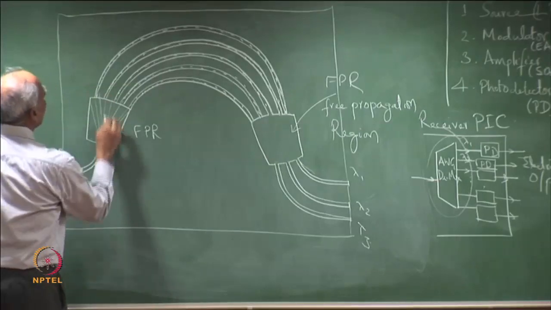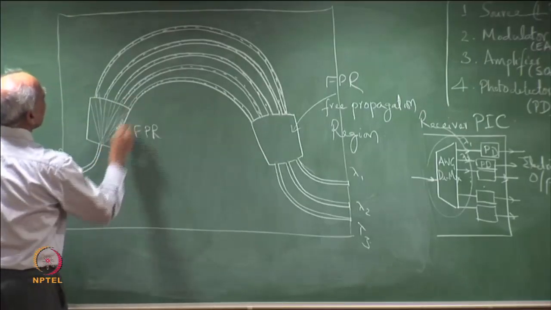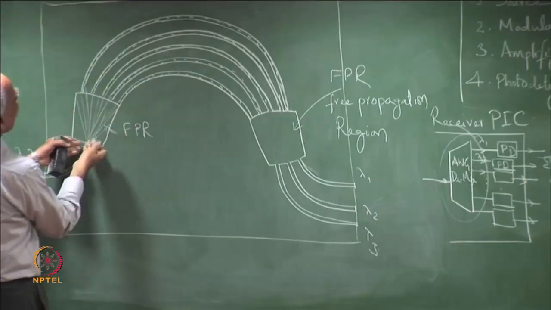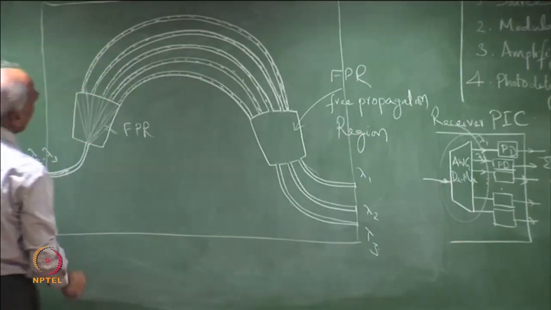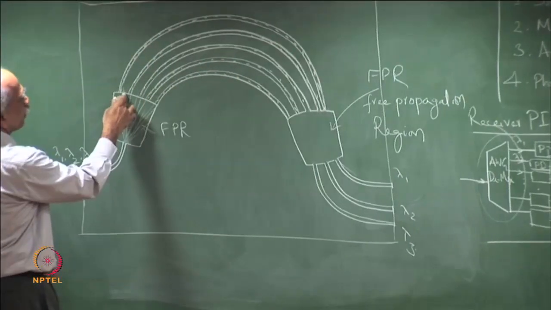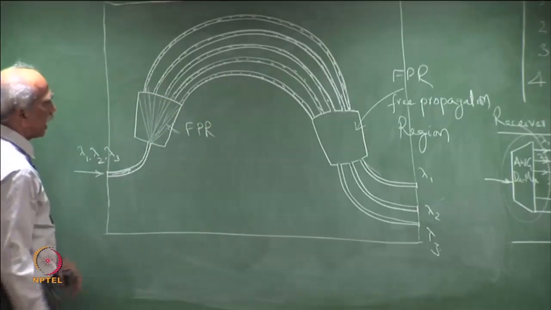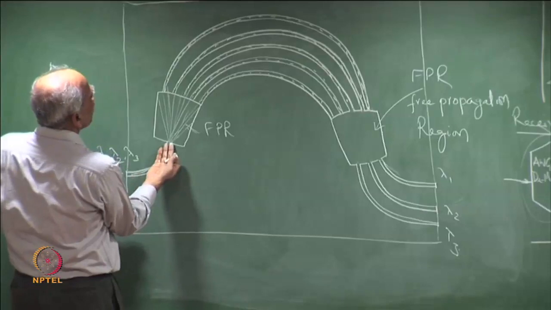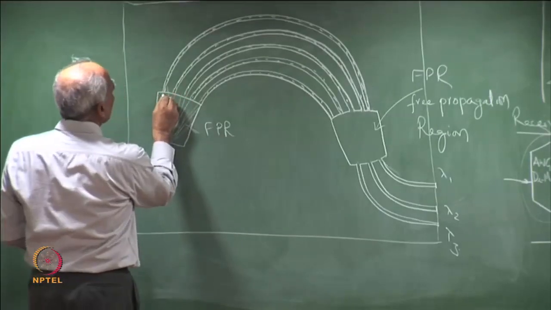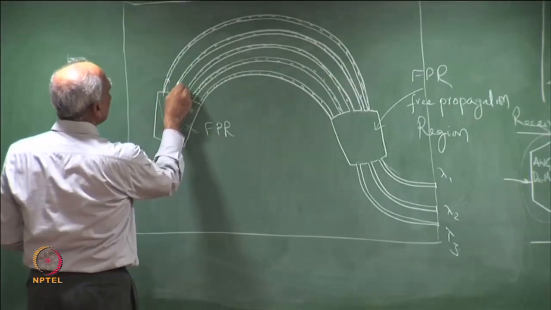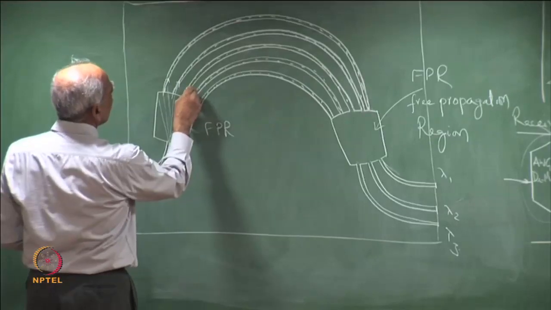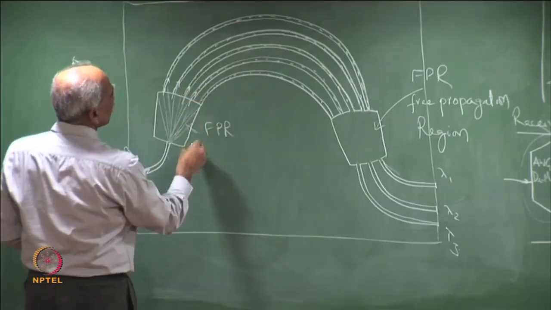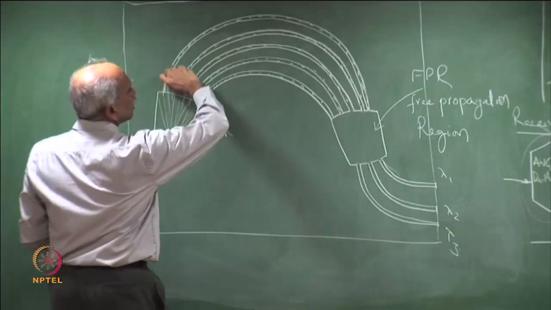Almost all the light is collected, but I have shown only 4. So, it looks as if there is a large gap, but a major part of the light propagating through here is collected by these waveguides, or excites the modes of the waveguide, which then propagate along this arc.